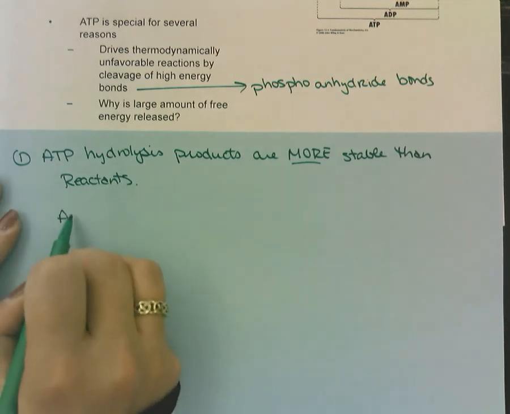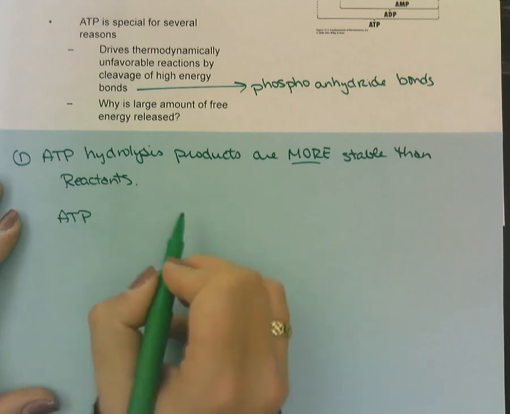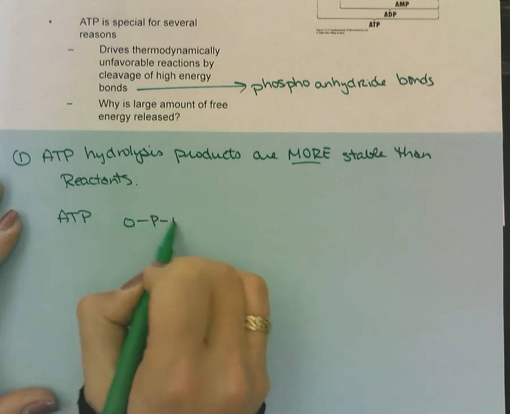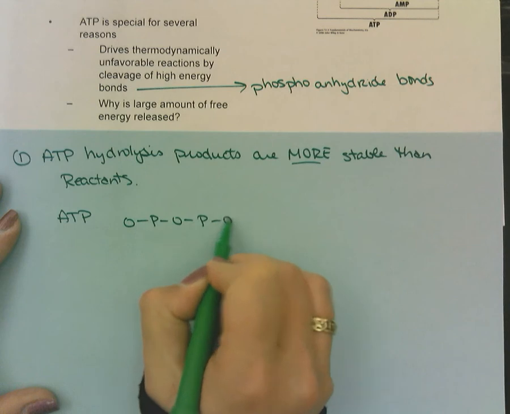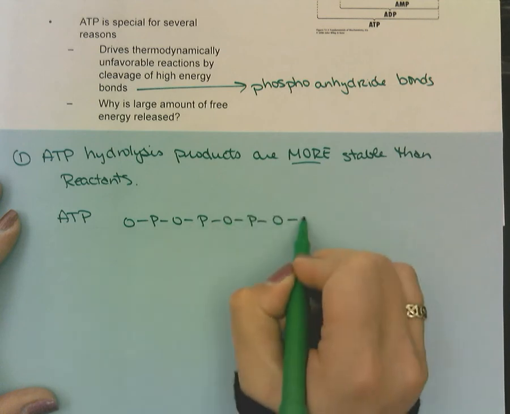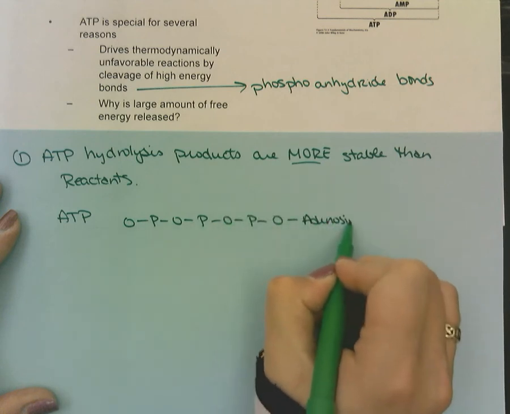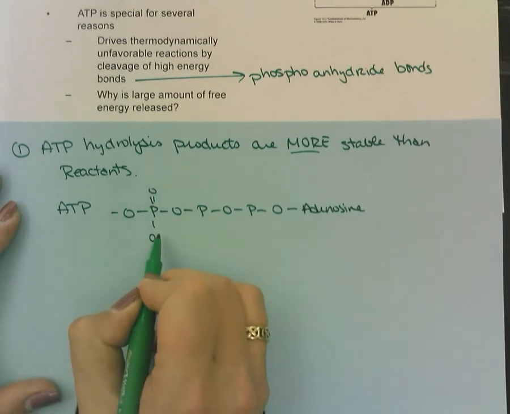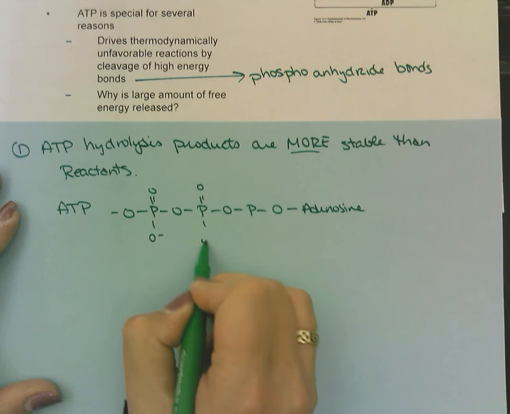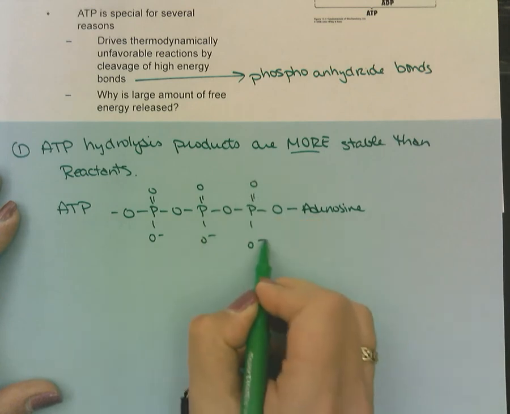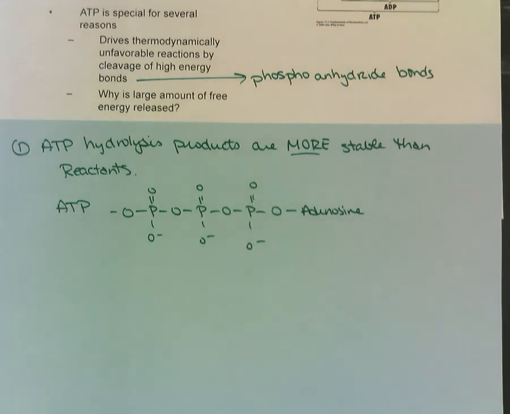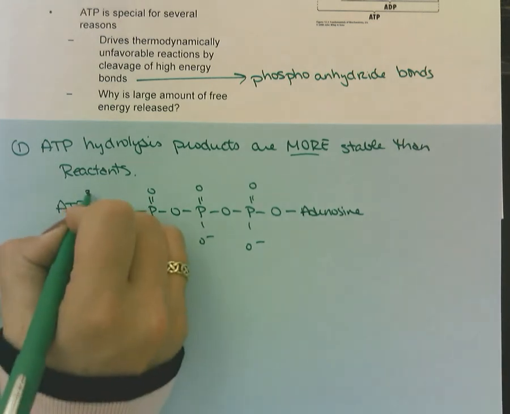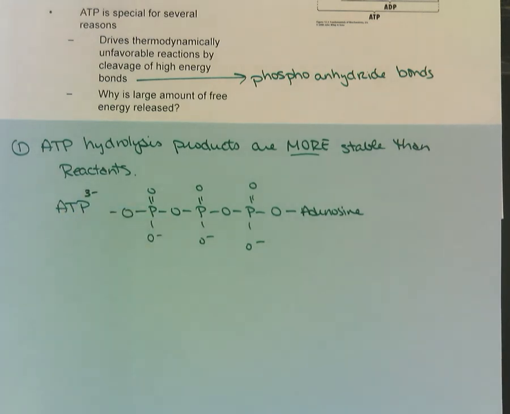So when I have ATP, I'll just shorthand it like that. ATP has an overall charge of 3 minus.